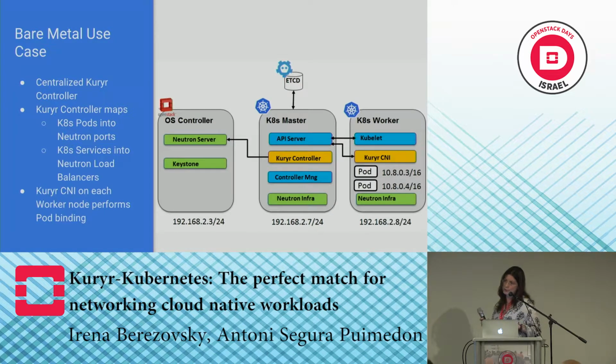But from the Kuryr perspective, it doesn't matter, because it just gets the information required for the binding and performs the local binding of the pods, and no access to the control plane of Kubernetes, in addition to the already existing connectivity of the CNI to the API server, is required.